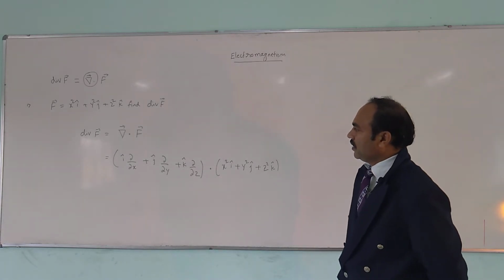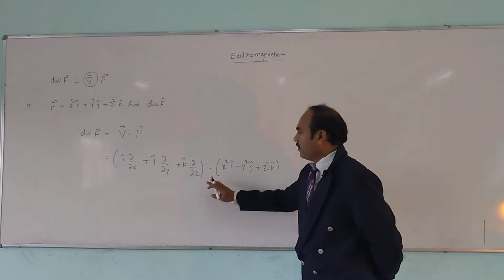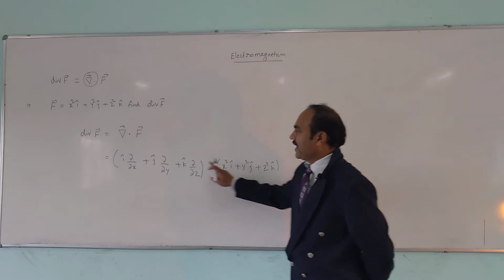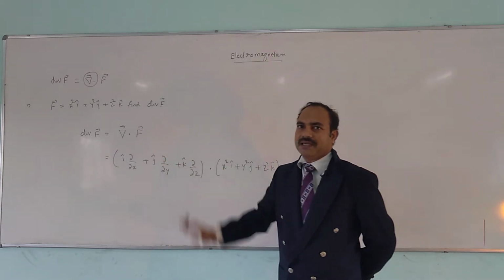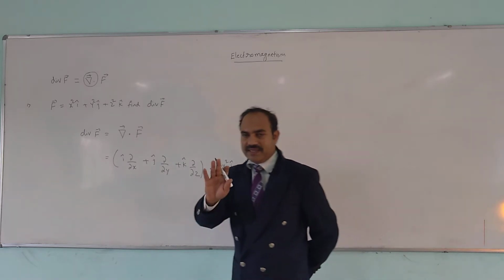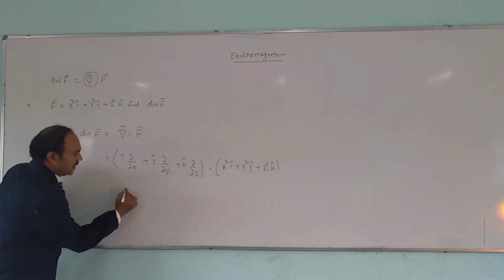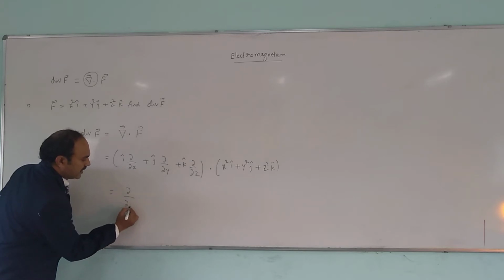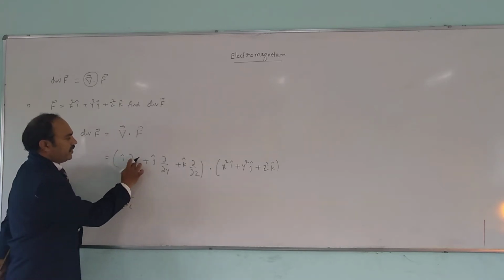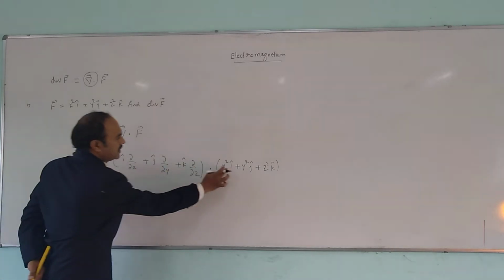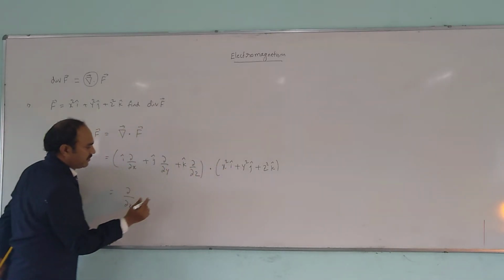Now how to solve this problem? The prefix of i cap should be multiplied. i dot i is always equal to 1. So this can be written as dou by dou x of the i prefix, which is nothing but x square.